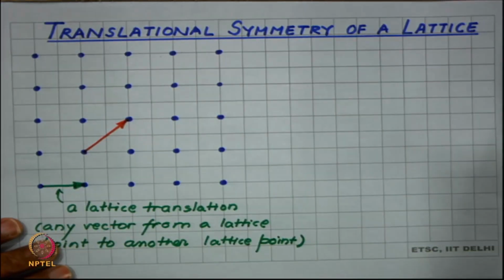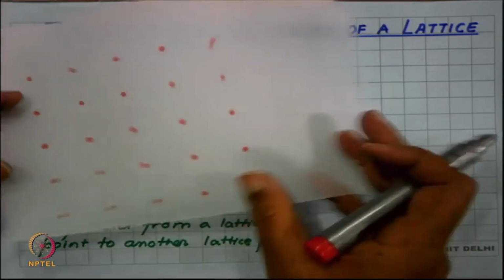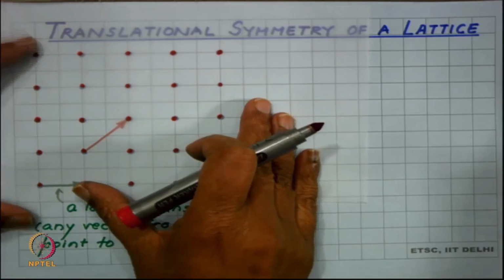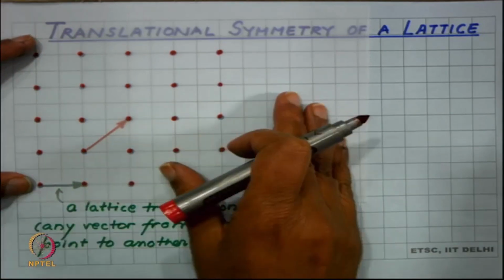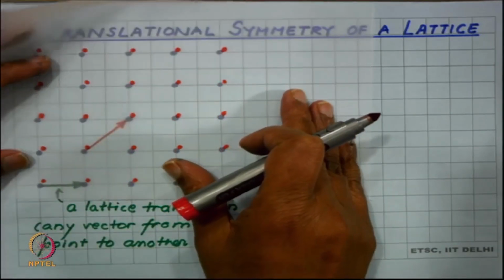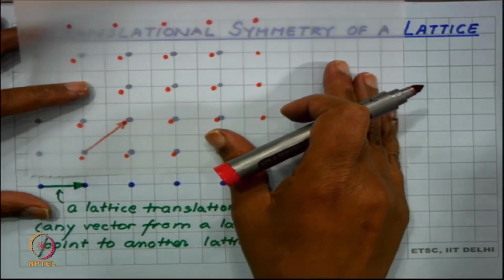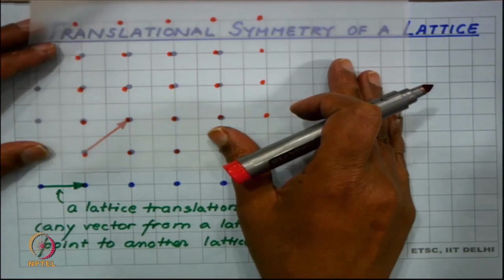This is also a lattice translation, and if I shift my copied lattice by this red vector instead of the green vector, again I come into self coincidence.